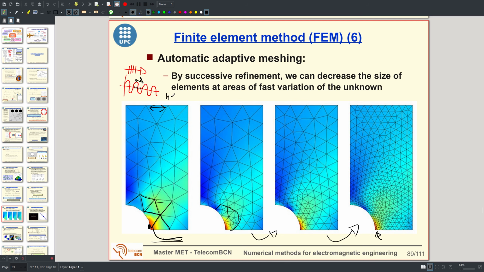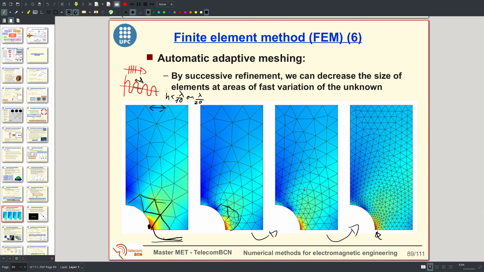The maximum size of the elements in the case of electromagnetic waves must be smaller than lambda over 10 or lambda over 20 for methods based on differential equations.